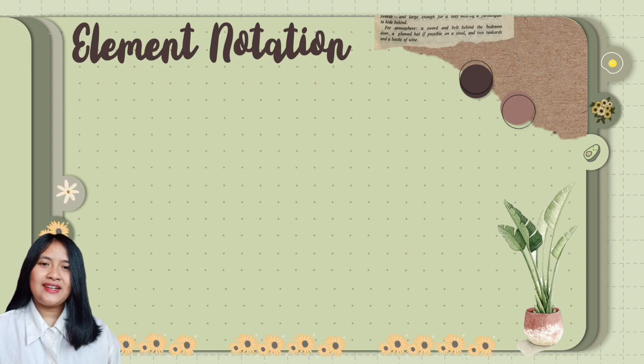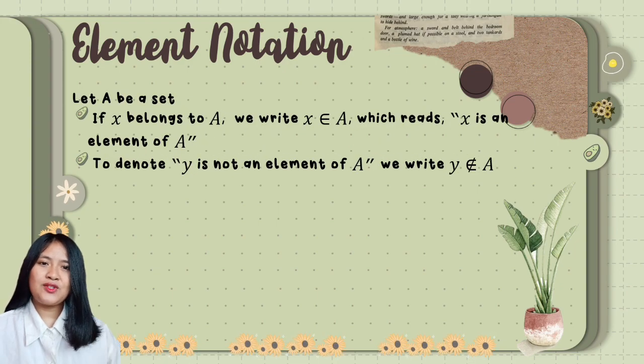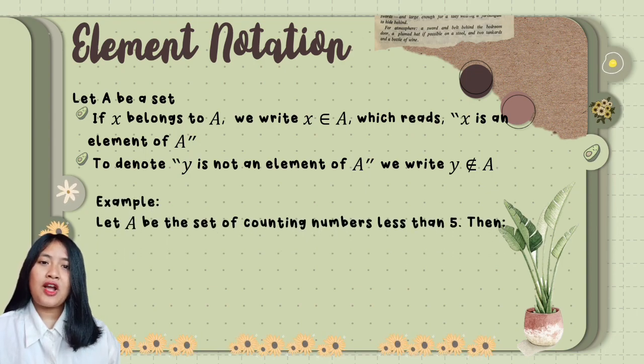After we learn about set notation, we now talk about element notation. Let A be a set. If x belongs to A, we write like this, which reads x is an element of A. To denote y is not an element of A, we write like this. Example, let A be the set of counting numbers less than 5.